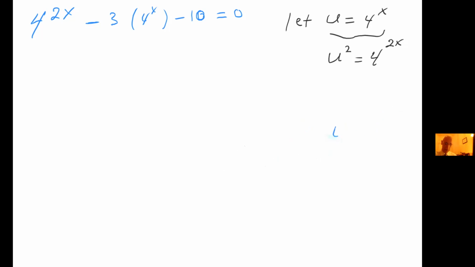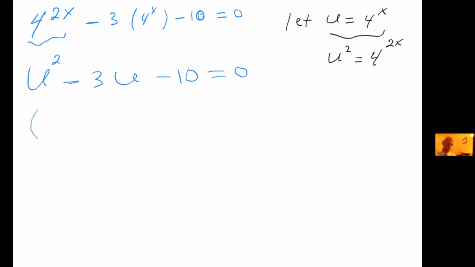Okay, so notice that now that I have my new variable, I can rewrite this as u squared minus 3 times u minus 10 equals 0. And that is super easy now.